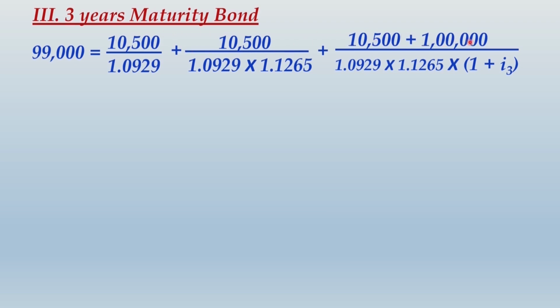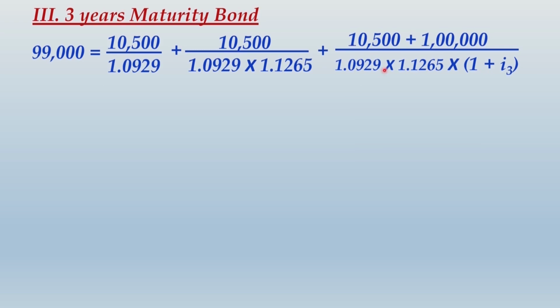So in the numerators we have taken all the cash flows in future that would arise. In the denominator, what you would do is, this first year cash flow will be discounted using the first year interest rate, that was 9.29%. Second year cash flow will be discounted by taking the multiple of the factor of year 1 and year 2, and third year cash flow will be discounted by taking the multiple of factor of year 1, year 2 and year 3.